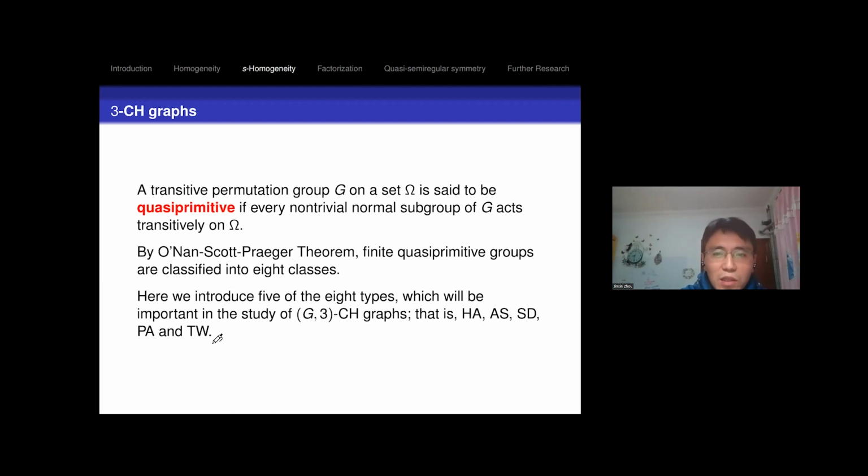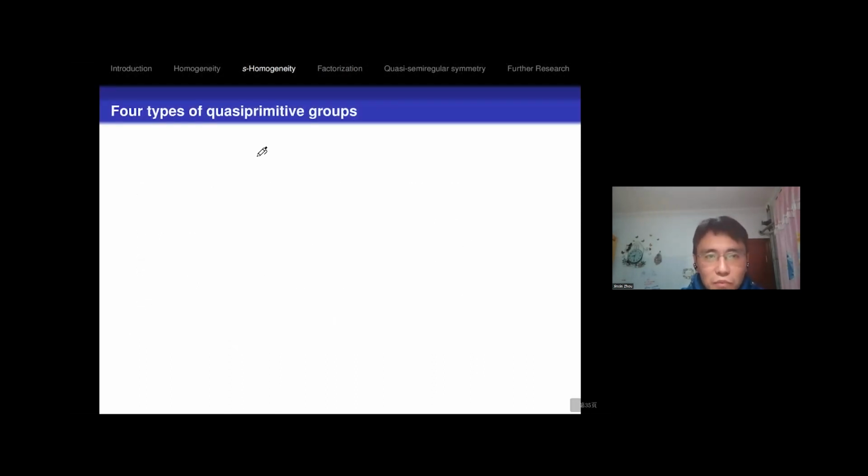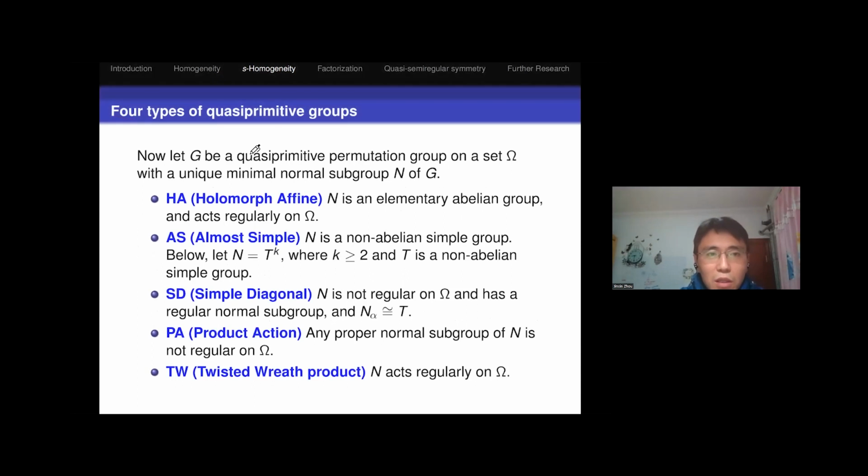Now let's look at the definitions for these 5 types of quasi-primitive groups.